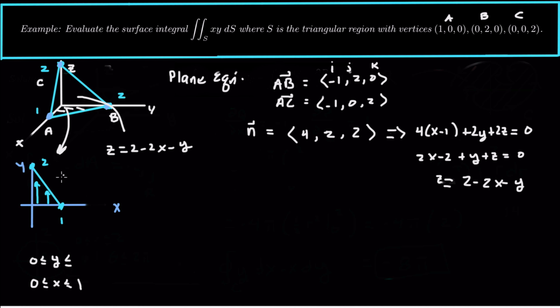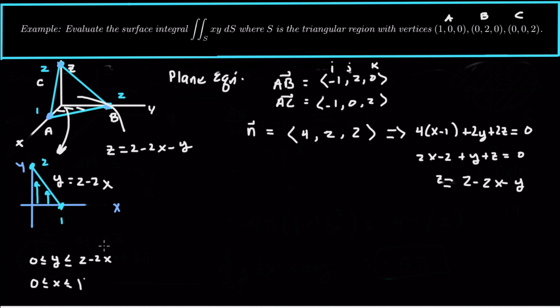This line has a slope of -2 and an intercept of +2, so the line equation is y equals 2 minus 2x. So that's the upper bound for y, 2 minus 2x. All right, so I've got my bounds.